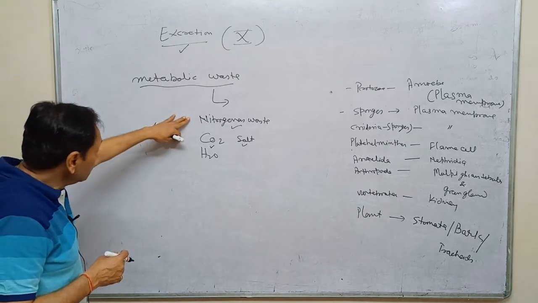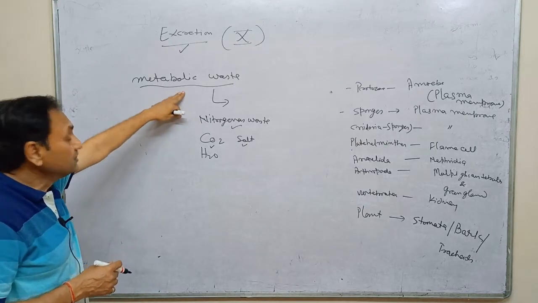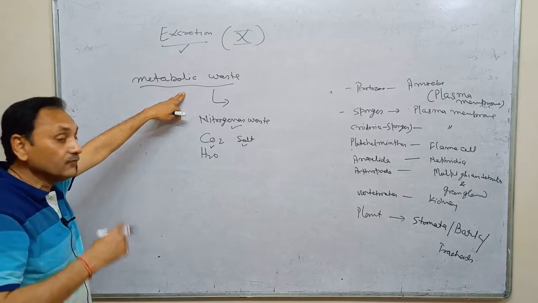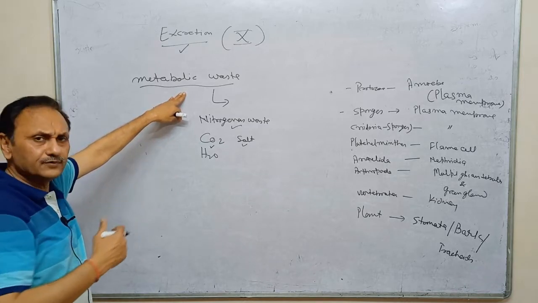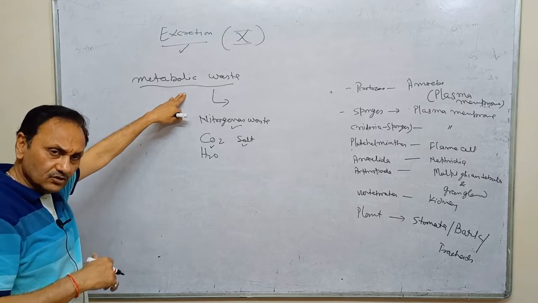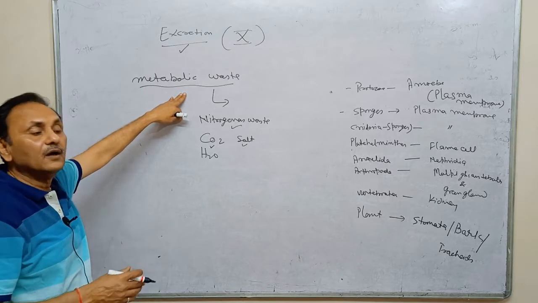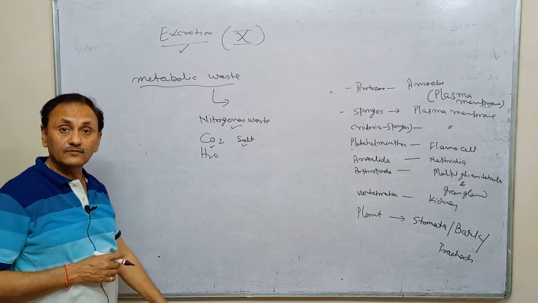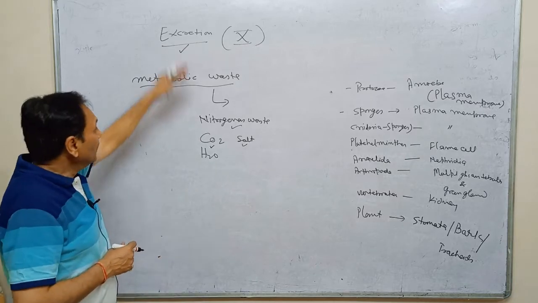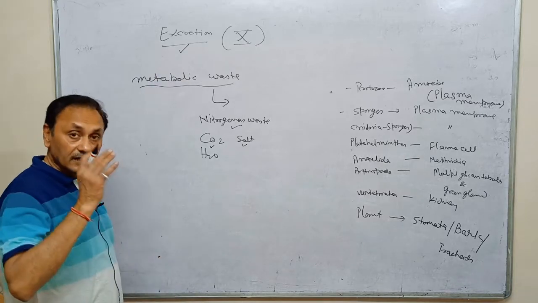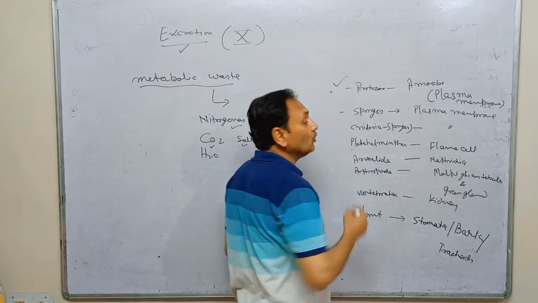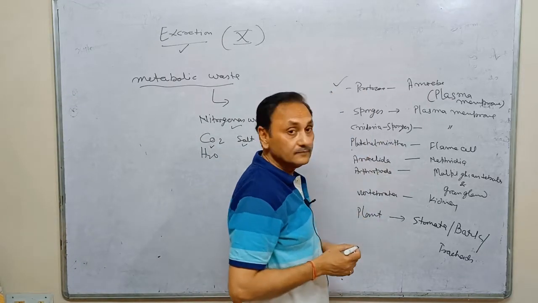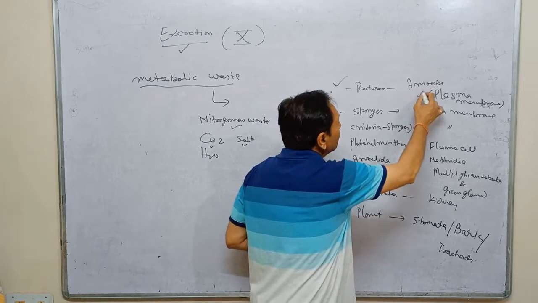And it is not essential that the excreta will be removed from the body through one particular organ. It is of several types, on the basis of the complexity and the evolution of the individual. If you go through the animal kingdom, in protozoa like amoeba, the plasma membrane is the excretory organ.